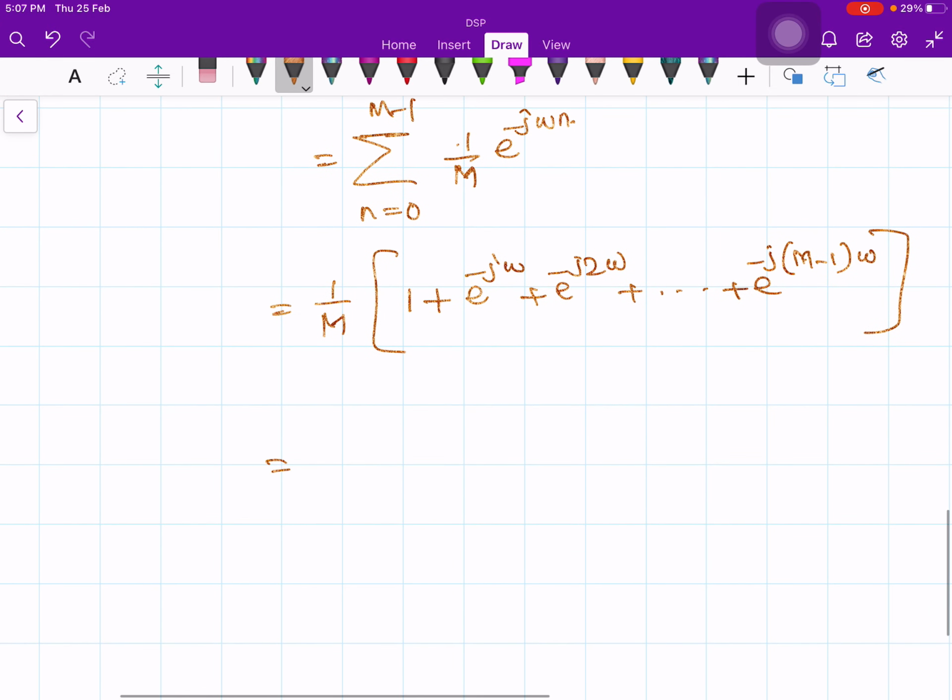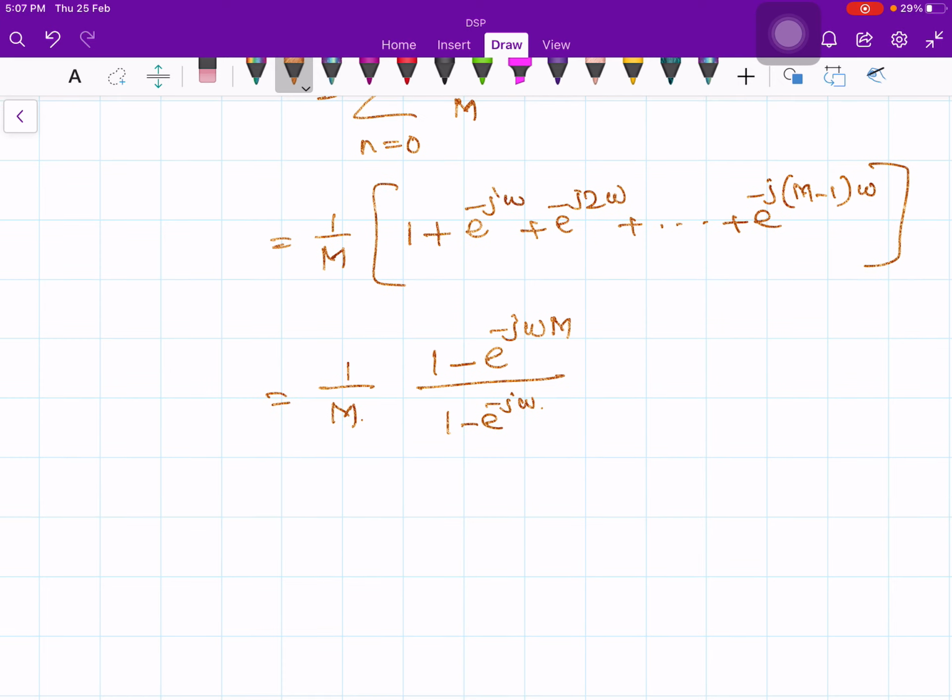So the summation is going to be 1 over M times 1 minus e to the minus j omega capital M divided by 1 minus e to the minus j omega, and this can be written in terms of sinusoidal functions.